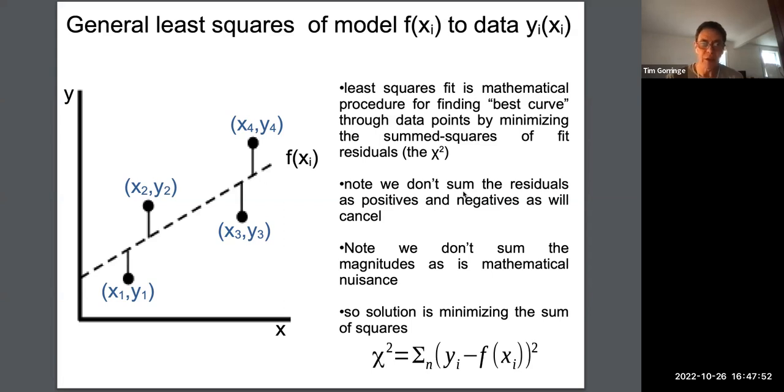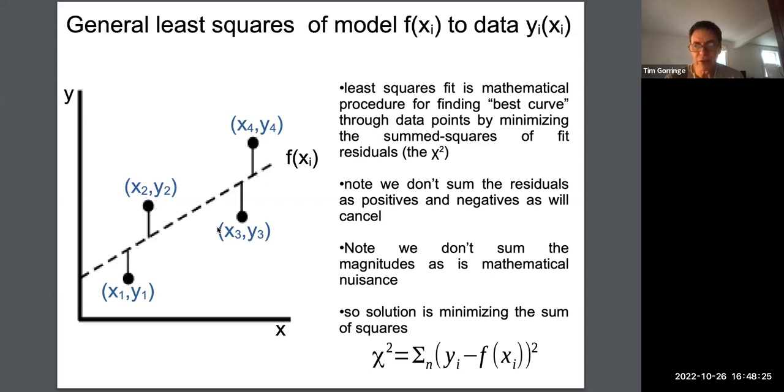And the reason is, if you sum the residuals, some residuals are going to be positive, some residuals are going to be negative, depending on whether the data sits below the function or above the function. So if you just sum the residuals, you get lots of cancellations between positive and negative residuals, and the sum of those residuals would not be effective in finding the best curve.